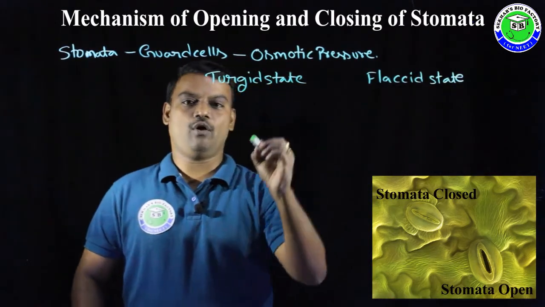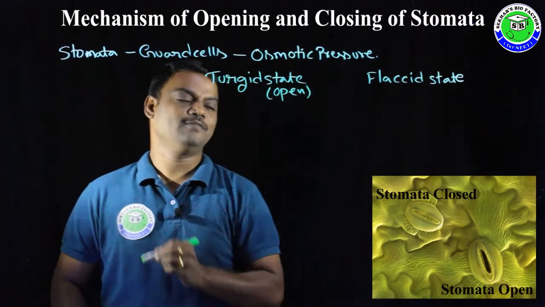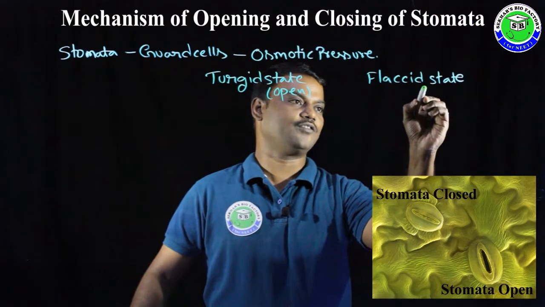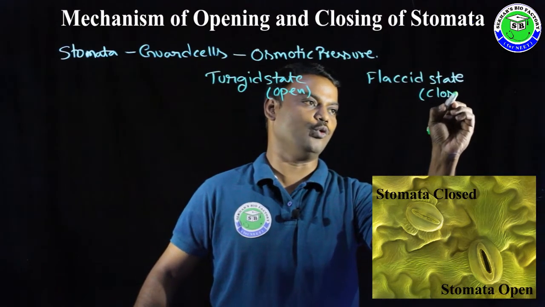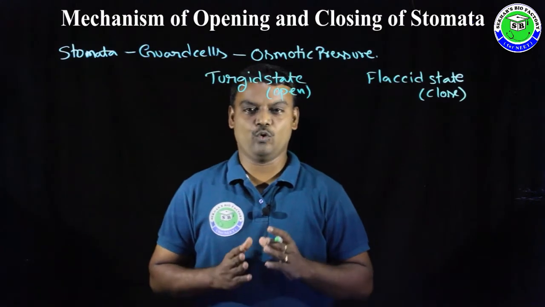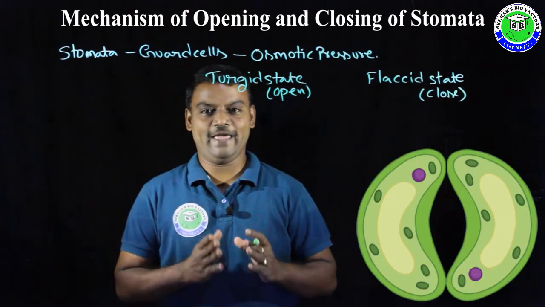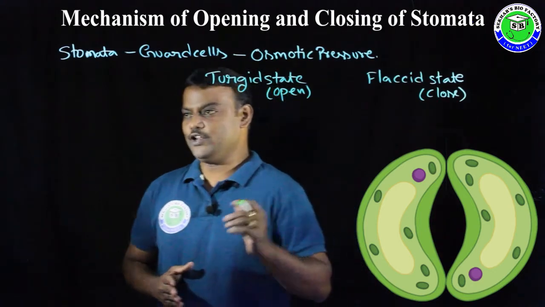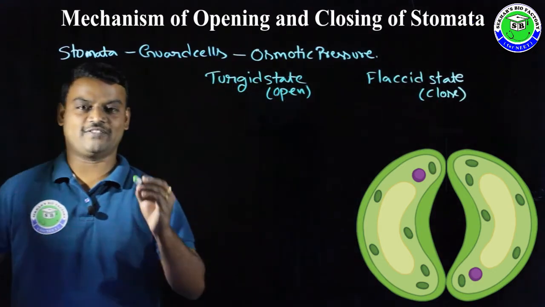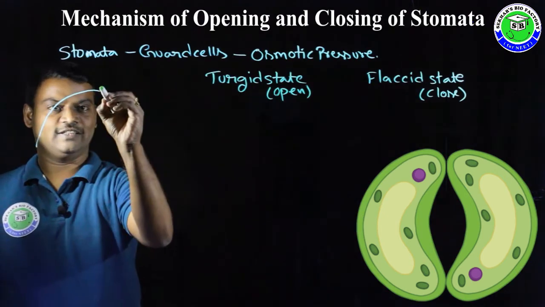The turgid state of the guard cell helps to open the stomata, and the flaccid state of the guard cell helps to close the stomata. At the time of this opening and closing of stomata, the structure of the guard cell also plays an important role.